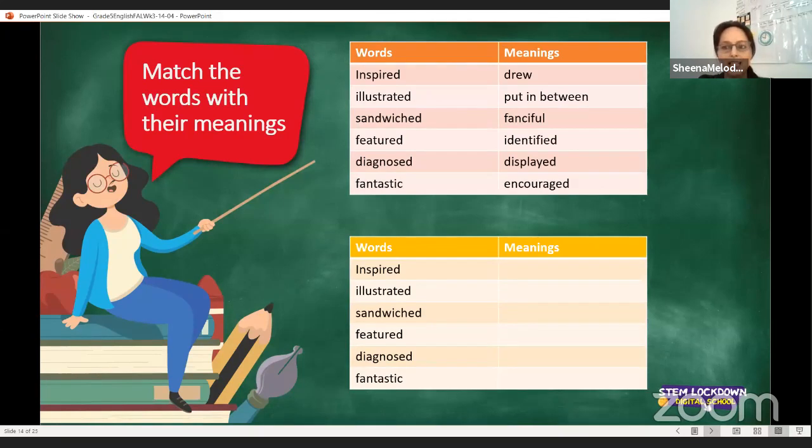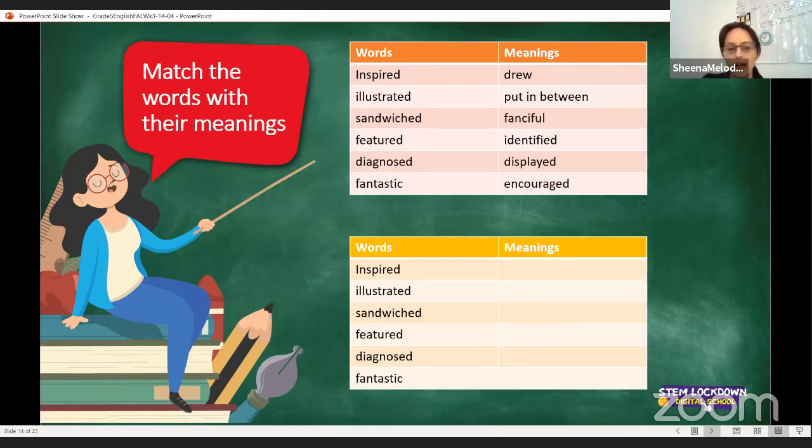We have inspired, illustrated, sandwiched, featured, diagnosed, and fantastic. Those are the words. Now, we have to look at the meanings on the right-hand side and see which word they go with. So yeah, a few meanings I put down for you. We have grew, in between, fanciful, identified, displayed, encouraged.